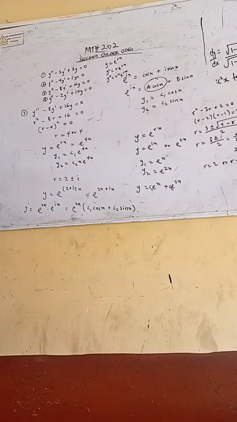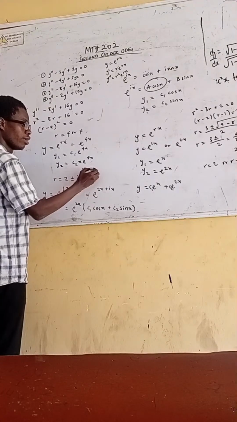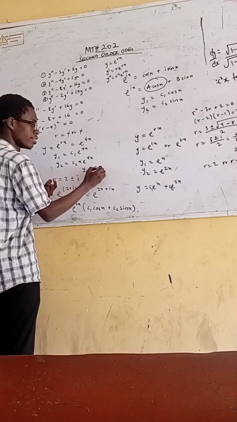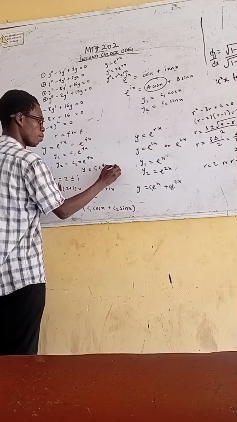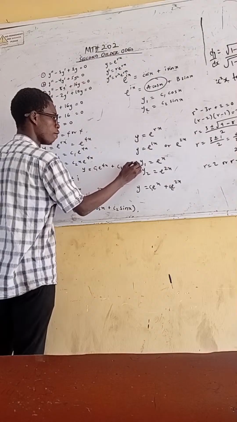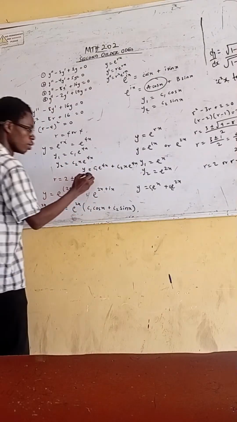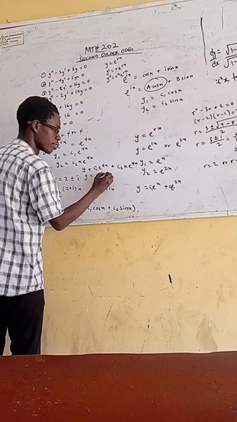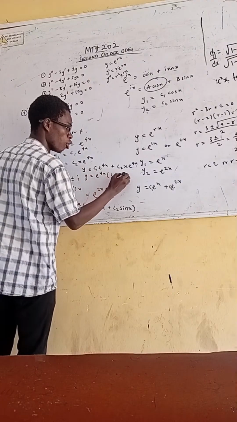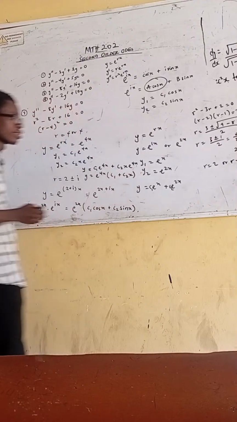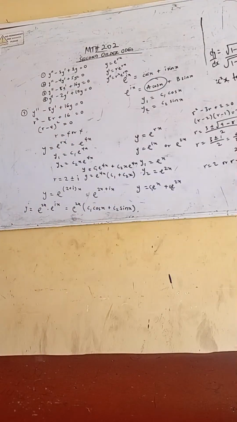My final solution will be c1 e raised power 4x plus c2 x e raised power 4x. We usually factorize this and say y equals e raised power 4x times bracket c1 plus c2 x. So that's the solution.